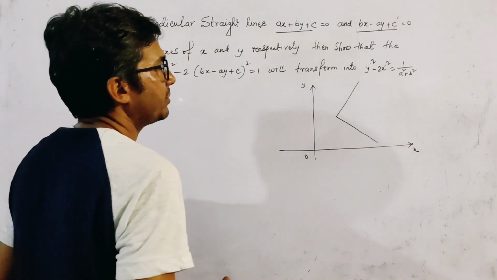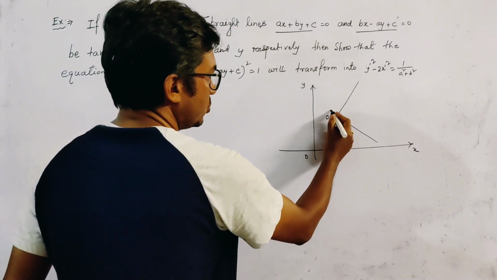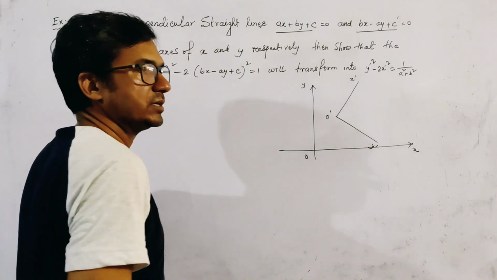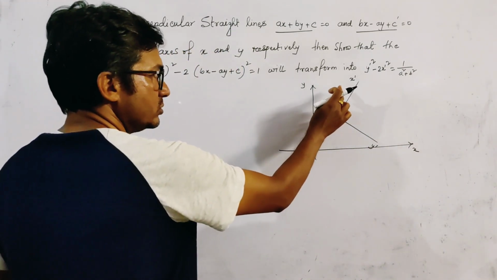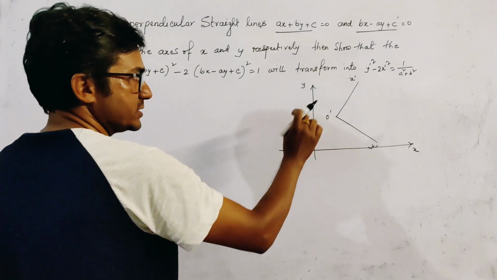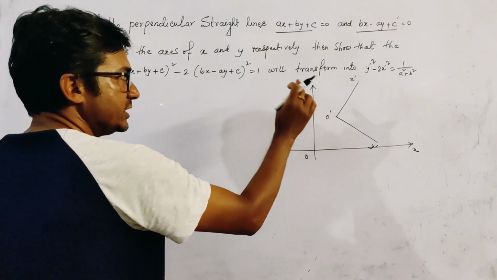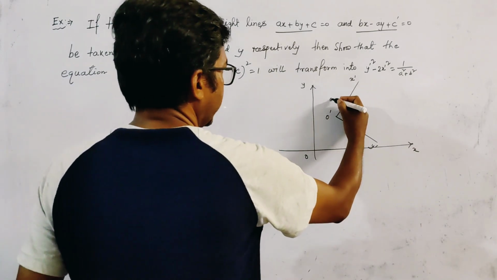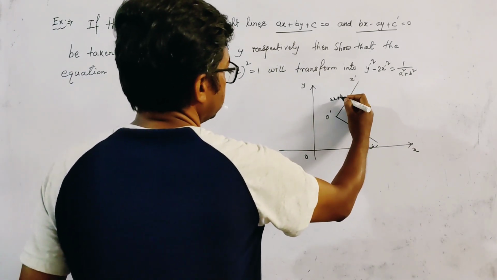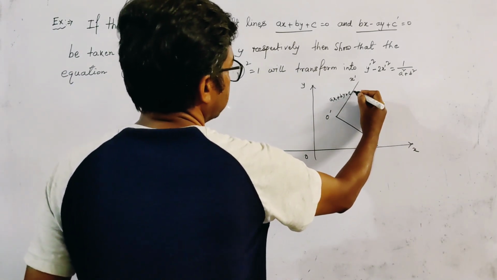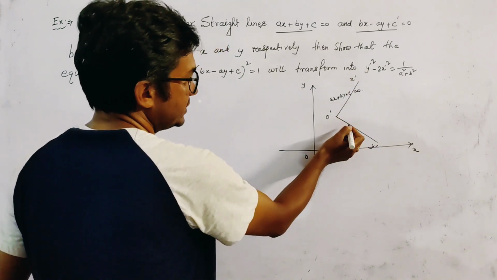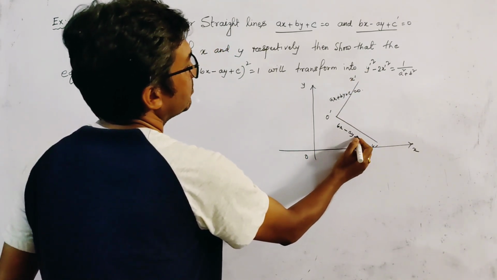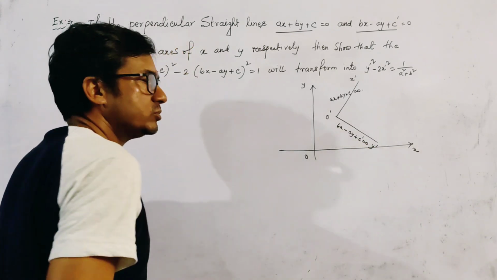Let this be o dash x dash and o dash y dash, right? This is the new x axis, this is the new y axis, and the new origin is o dash. This is given by ax plus by plus c equals 0, and this is given by bx minus ay plus c dash equals 0.